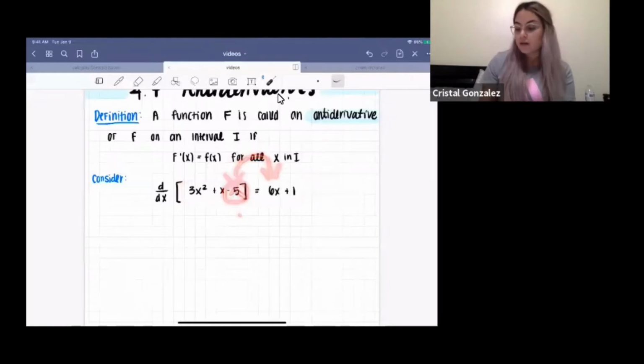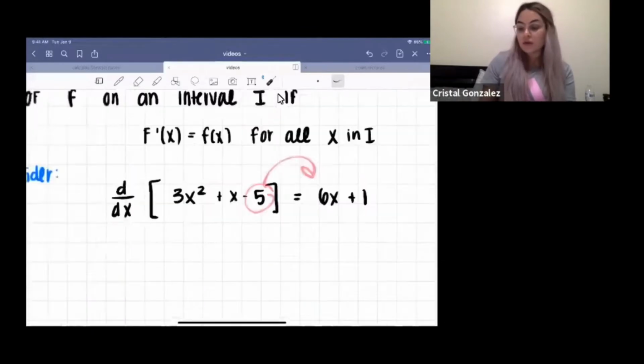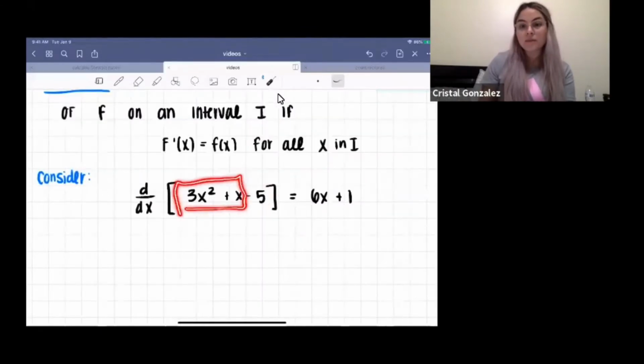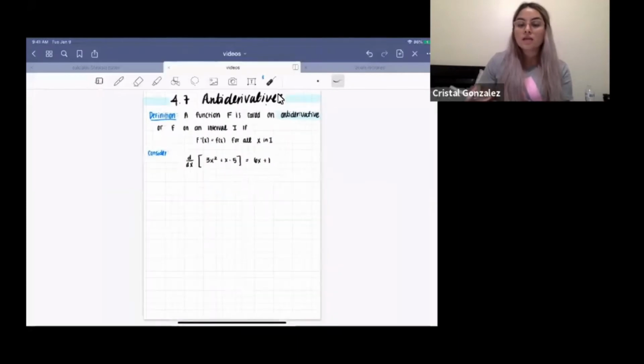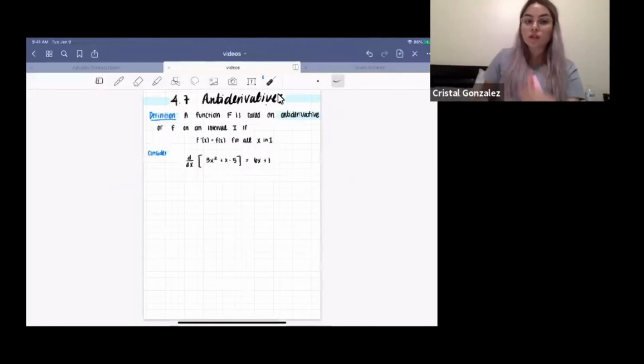We could have put in any constant here and still gotten this derivative as long as this part stayed the same. So that's the idea about an antiderivative. You could go forwards, you could go backwards. Just taking the derivative of the antiderivative will take you back to the original function.